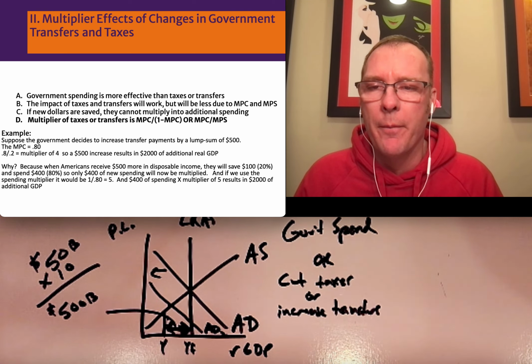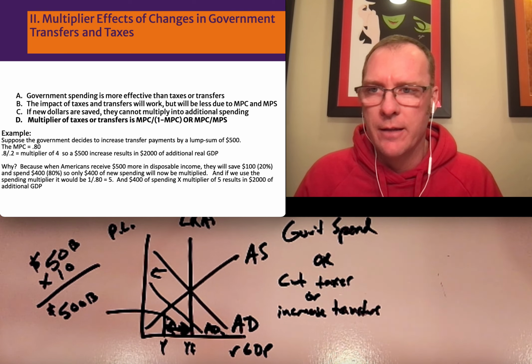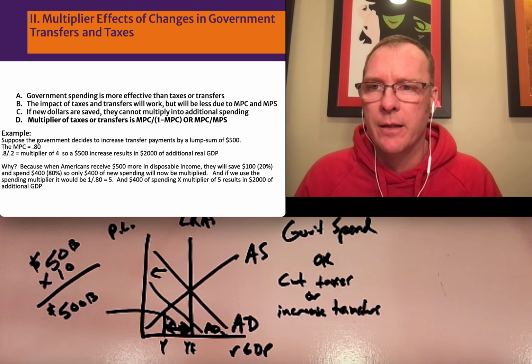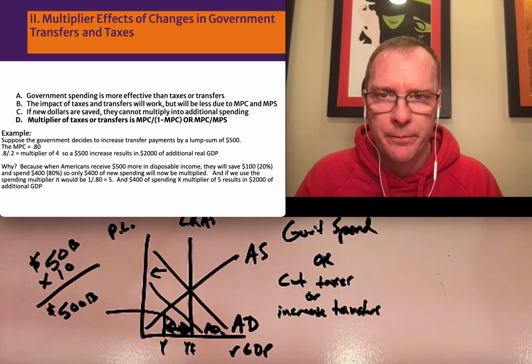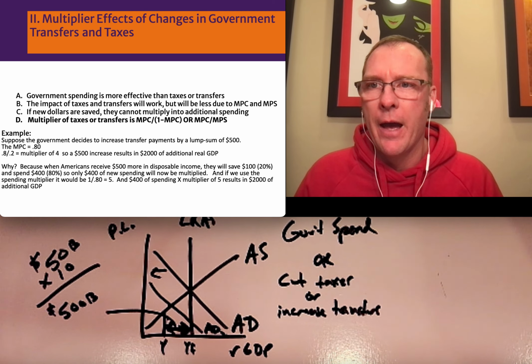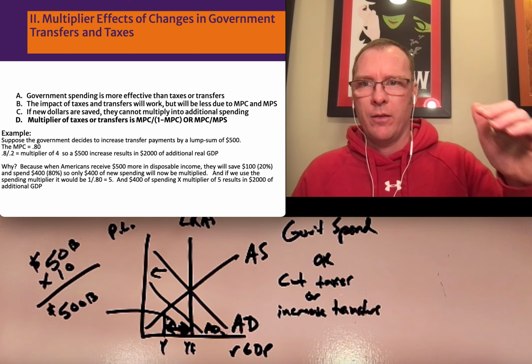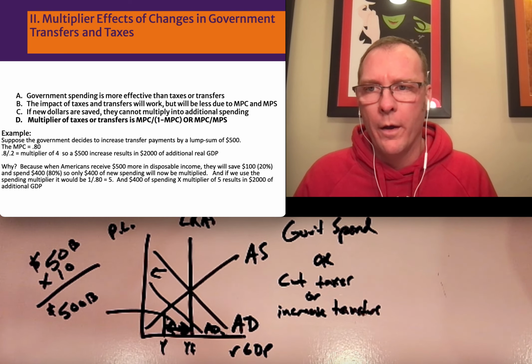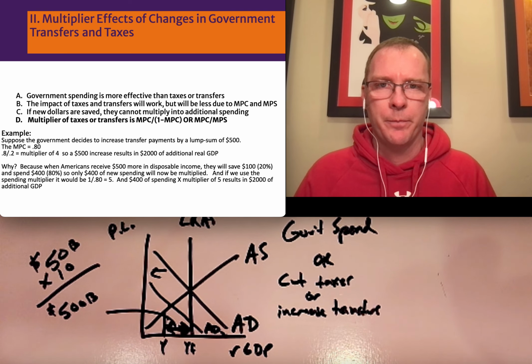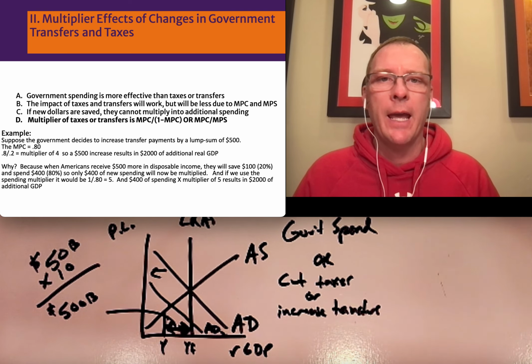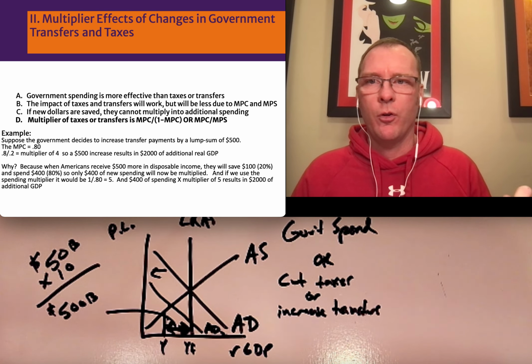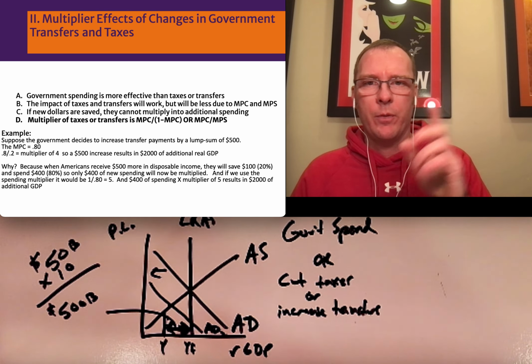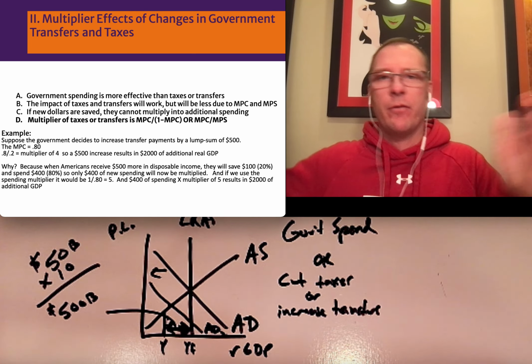But if we're going to do that by $500 here, and the marginal propensity to consume is 0.8, I have to take the marginal propensity to consume over 1 minus the marginal propensity to consume. Because I can't take that full $1 anymore, because you basically already have those dollars.